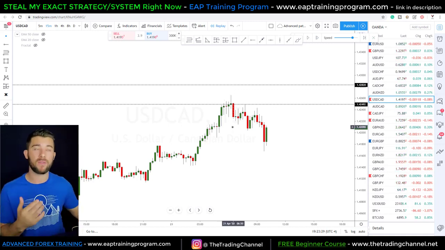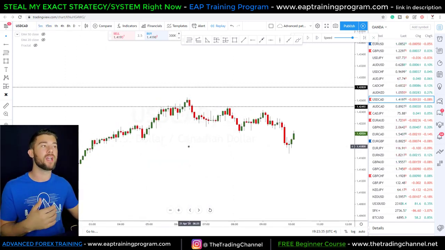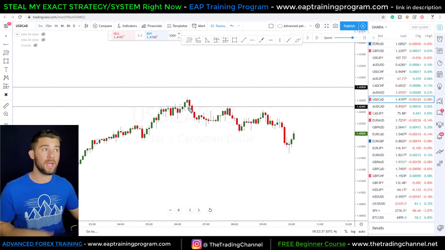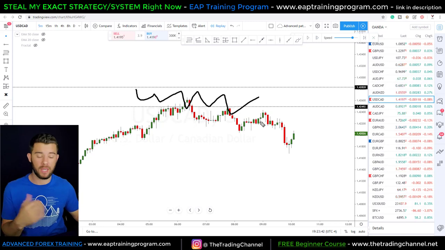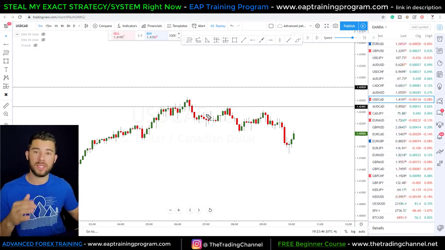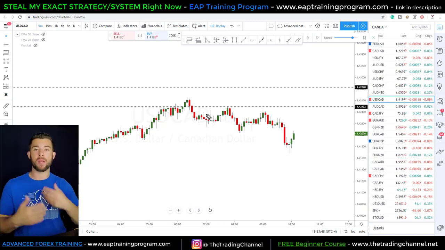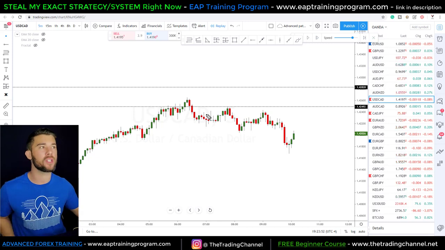So instead of looking at the 15-minute chart, since I missed the initial trade, the first thing that I'm going to teach you in this specific strategy is waiting for our level to be hit. Remember, we looked out on our 4-hour, we found a major level of structure. After that major level of structure is hit, I want to see the market start trending down. If you've been a part of the trading channel for a while, you know that for a downtrend, I look for something called a 1, 2, 3 move.